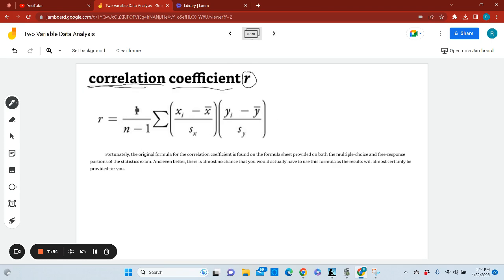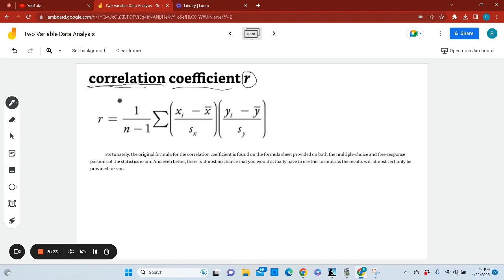Okay, and you can see here that this thing has a pretty wild formula, right? You would have to sum all the individual observations, their x coordinates minus the average x value divided by the standard deviation of the x variable times all the individual y values minus the y average divided by the standard deviation of the y variable, and then multiply that by 1 over n minus 1.